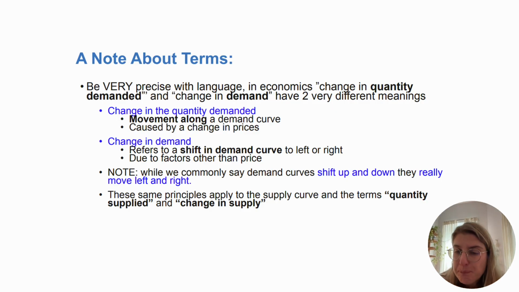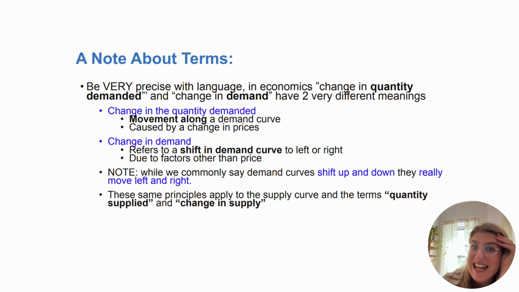For example, if the price of apples drops from 50 cents to 20 cents, people buy more apples, right? And that's just moving along the curve. A change in demand, on the other hand, means the entire demand curve shifts left or right. And this happens not because of a mere price change. It happens because of factors other than price.